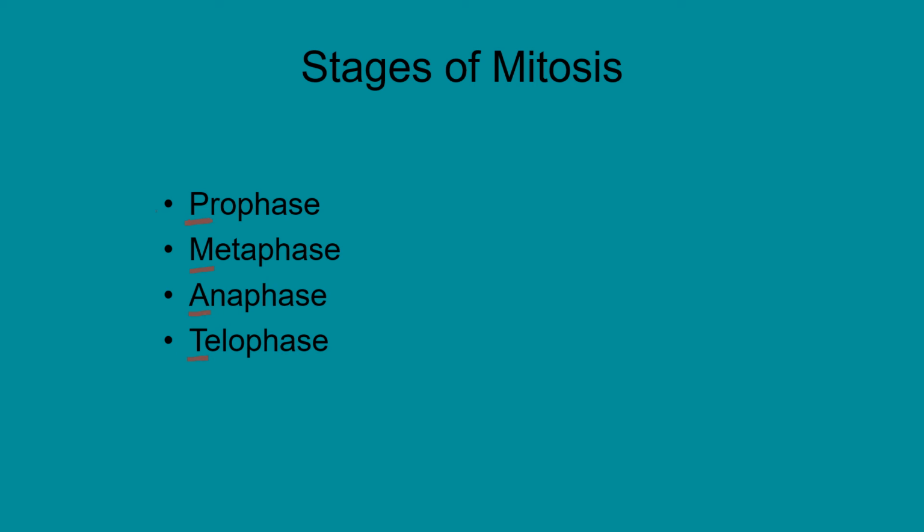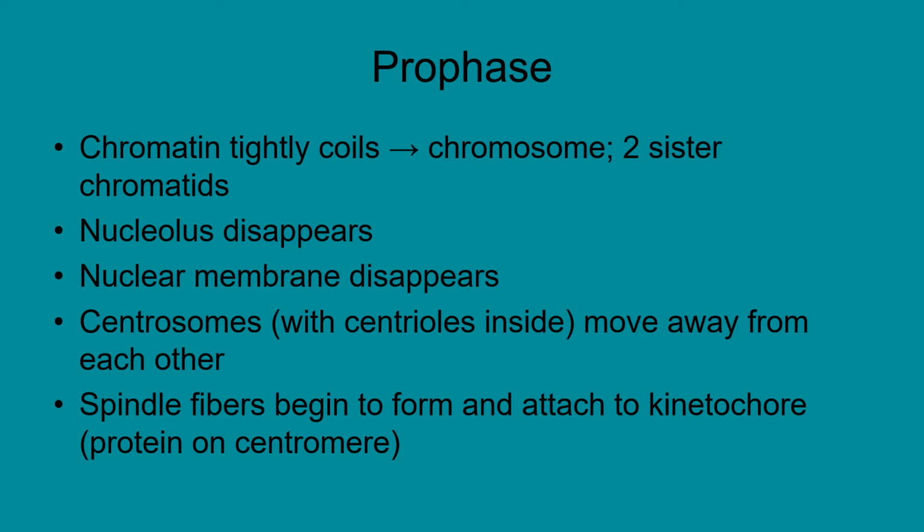And so let's see what's going on in each of these phases, what does it mean? In prophase, what happens here is the chromatin, this is the DNA, tightly coils. What this means is that the DNA as chromatin is usually this kind of strand.